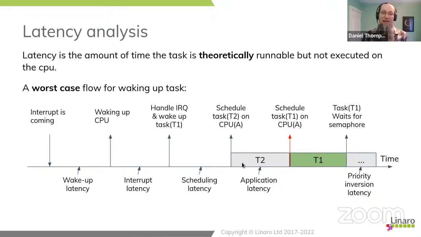This is latency that occurs because something else is running. There is something more important on the system, which is all very well and good, but it still means T1 observes latency before it can execute, which we have to factor into designs. And then finally, if T1 actually blocks and waits for something, there may be some priority inversion latency if we have not managed our locks correctly.